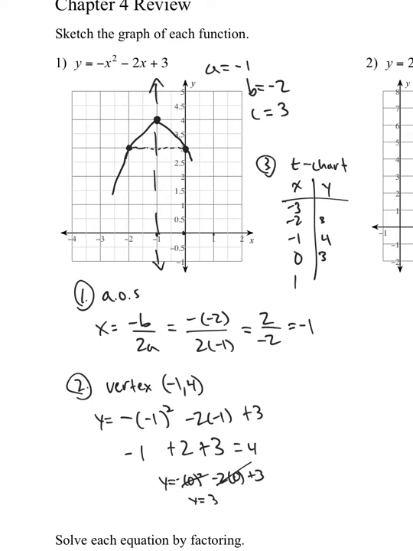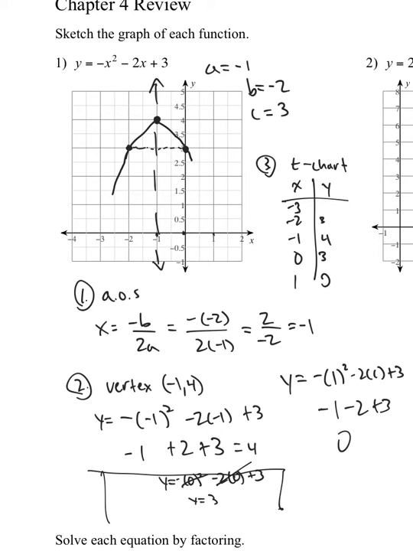Then we're going to plug in 1 as well. There, I plugged in 0. I'll plug in 1 here. So negative, and then 1 squared minus 2 times 1 plus 3. So this is negative 1 minus 2 plus 3, which is equal to 0.